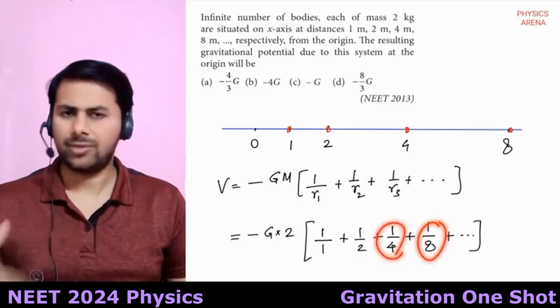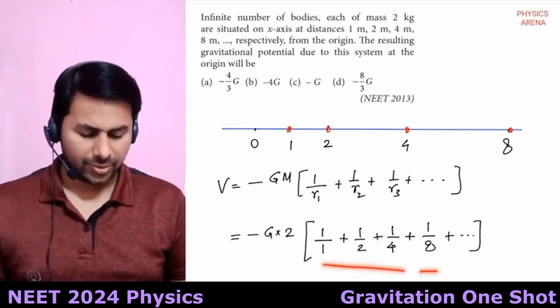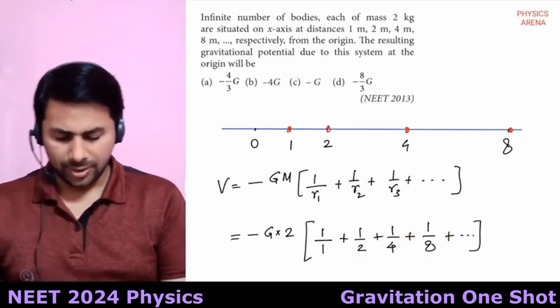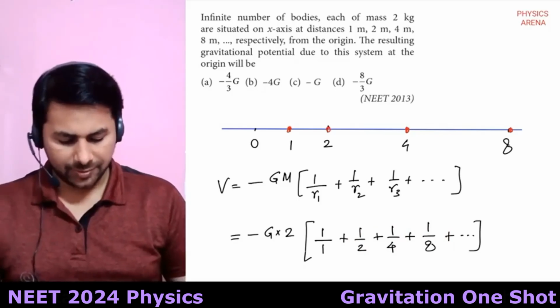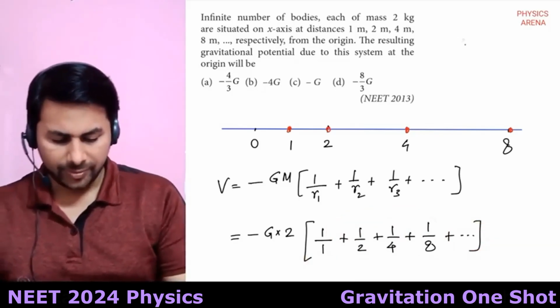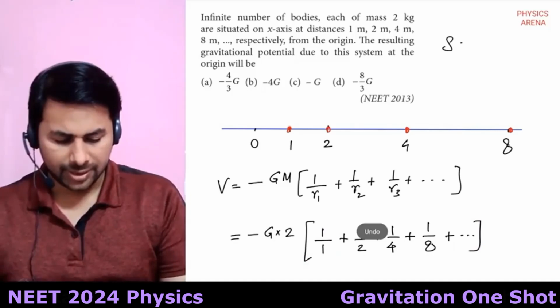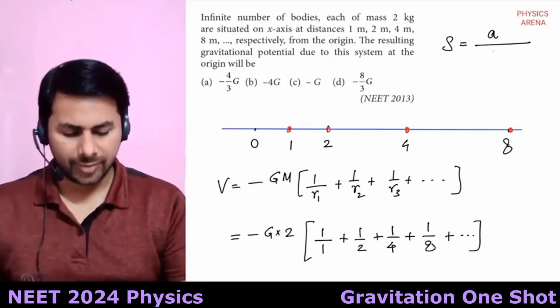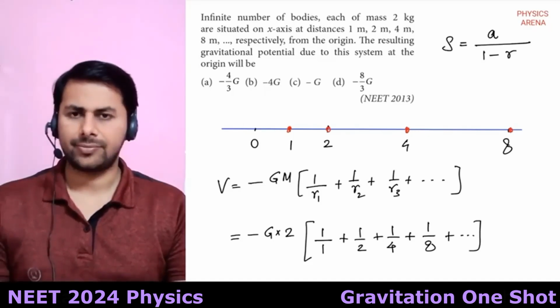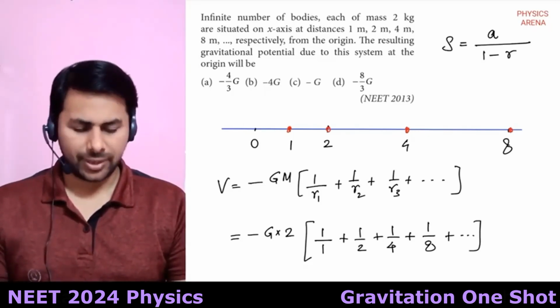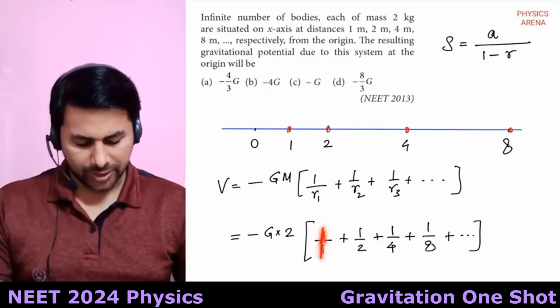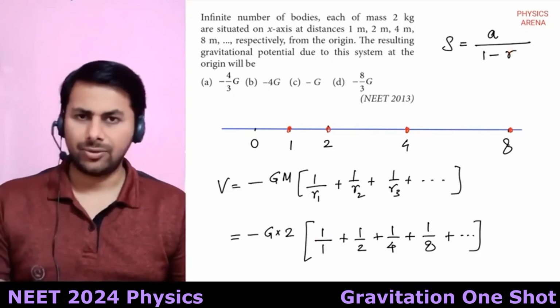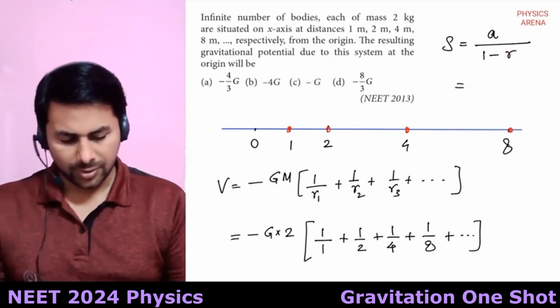Fourth term by third term, again 1 by 2. Okay, so the ratio is 1 by 2. So how do you find the sum of this thing? There is this formula. The sum of GP is given by what? A, which is the first term, divided by 1 minus r. R is the ratio. Okay, so A is equal to 1 here, and R is equal to 1 by 2.